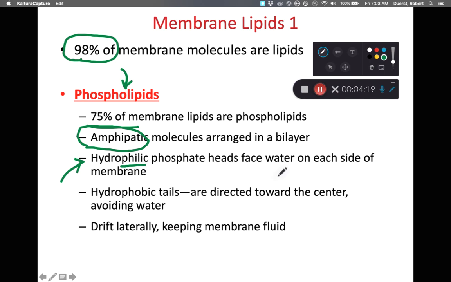They have a polar charge and have a tendency to be facing water. Hydrophobic tails, those fatty acid tails, are nonpolar, and because they're hydrophobic, they tend to be directed towards the center of the phospholipid bilayer so that they avoid contact with water. These phospholipids are constantly bouncing around within the cell membrane, drifting laterally within the membrane, keeping it very fluid. This has sometimes been referred to as a fluid mosaic model.